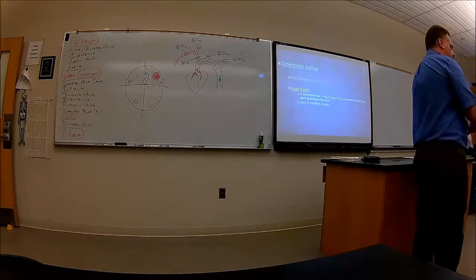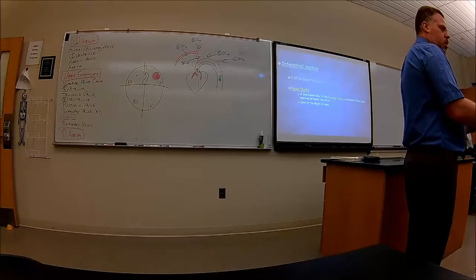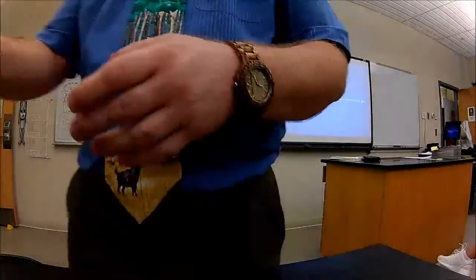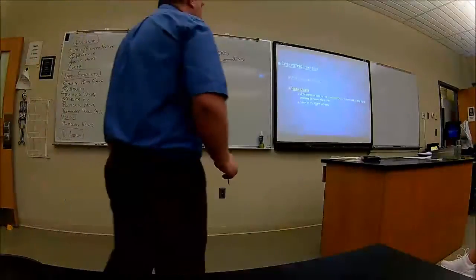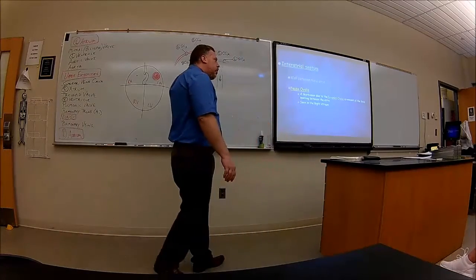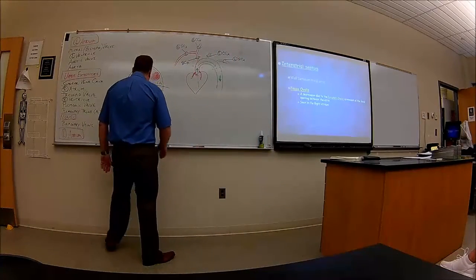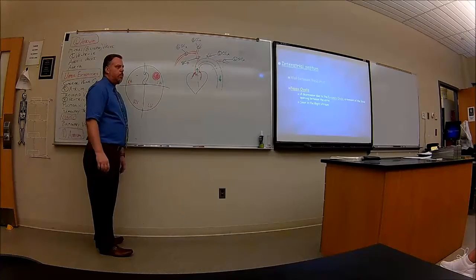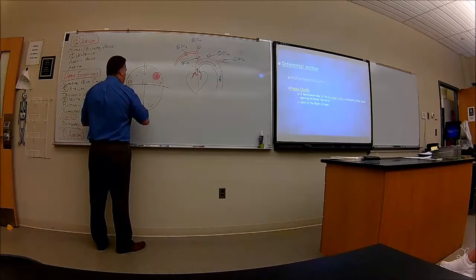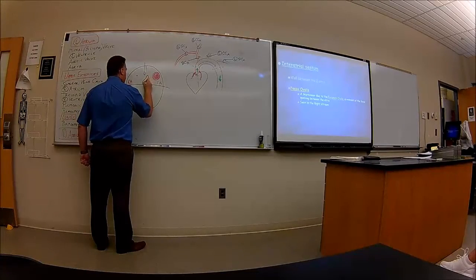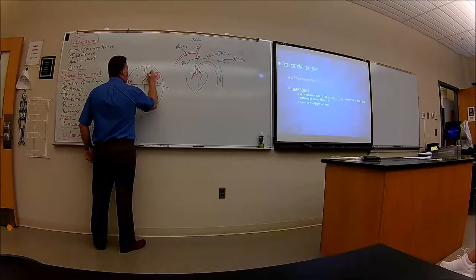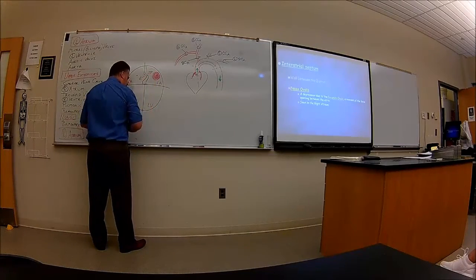Well, I'll get into that. Okay? So you see where that fossa ovalis is. Now that's a landmark for doctors, which I'll probably explain later for you. Now, if this doesn't close properly, then blood could go into either area.